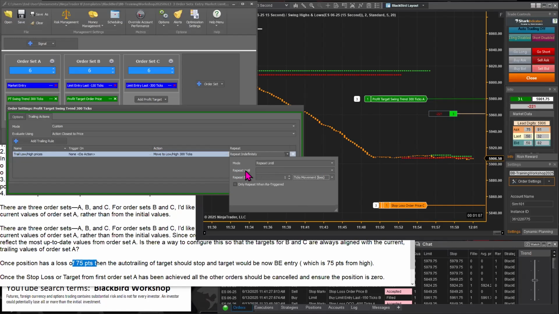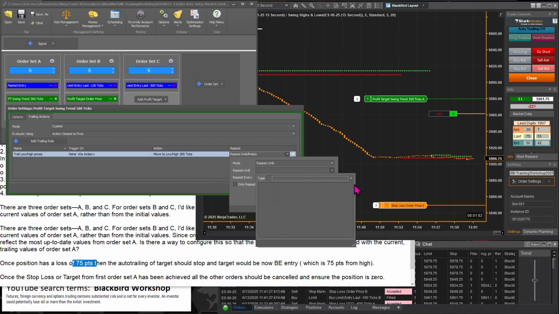All right, so now we're going to go into the repeat until menu here. I was thinking I was going to use the profit or loss. The issue with profit or loss is, if I use a loss and set this to points, I can put in 75 points.